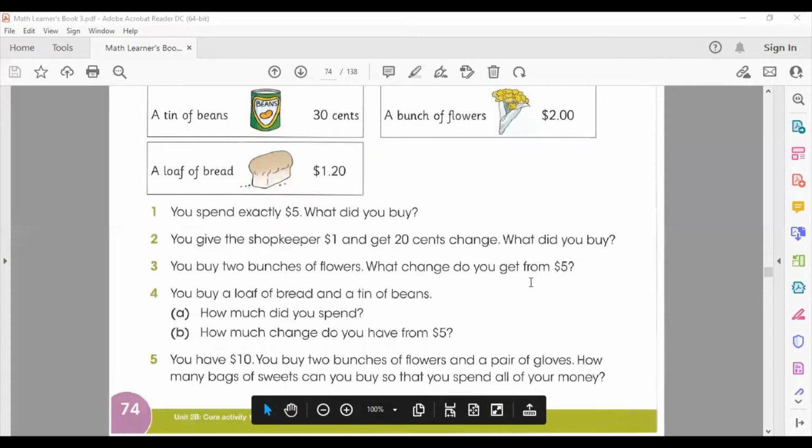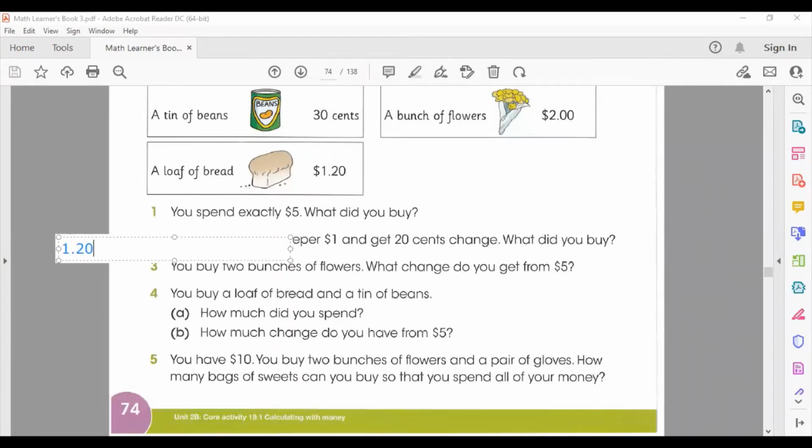If you write here $1.20, plus a tin of beans, 30 cents. There are no dollars on the left side, so we write 0 and 30 cents. So 20 plus 30 is 50, $1.50. So we write here $1.50. How much did you spend?